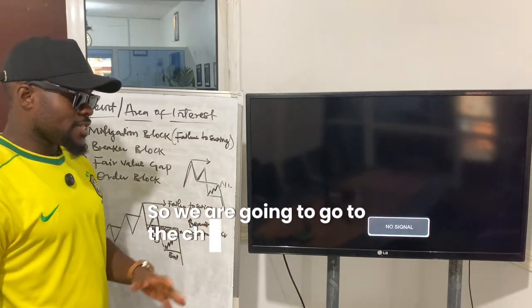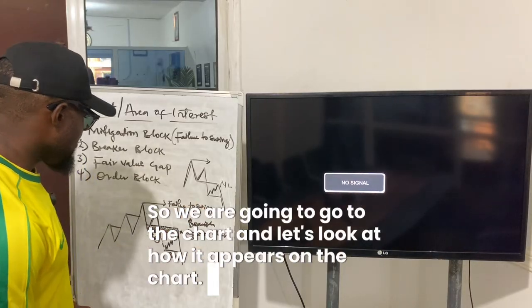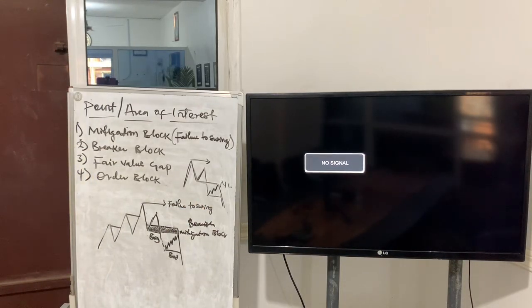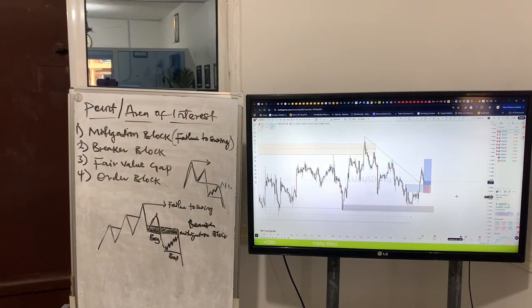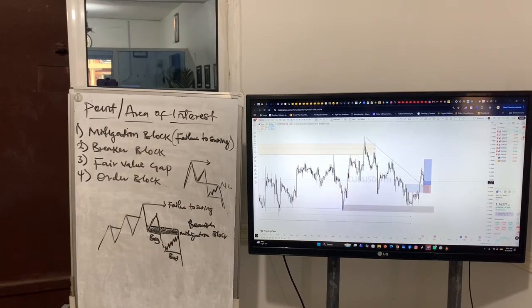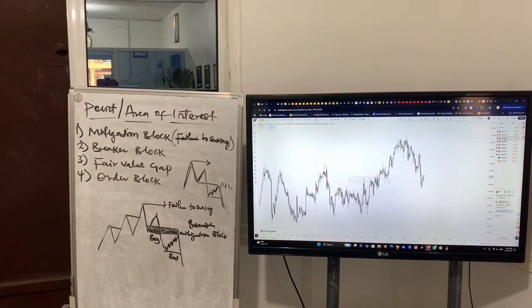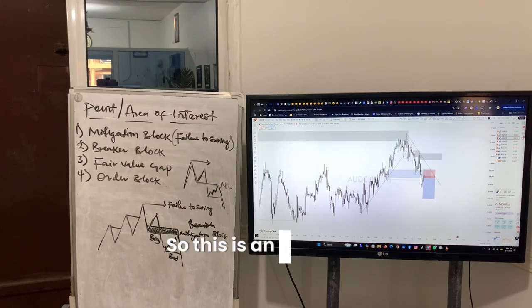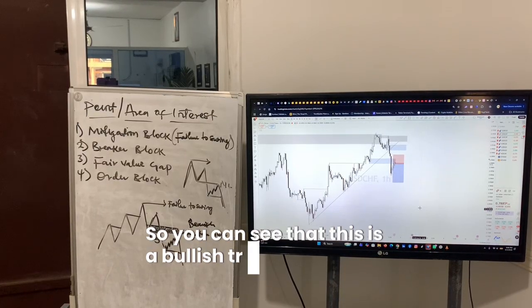So we are going to go to the chart and let's look at how it appears on the chart. So this is an example. So you can see that this is a bullish trend.